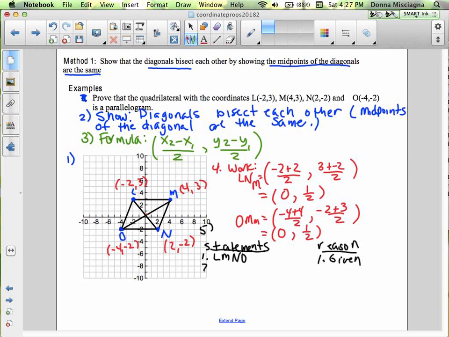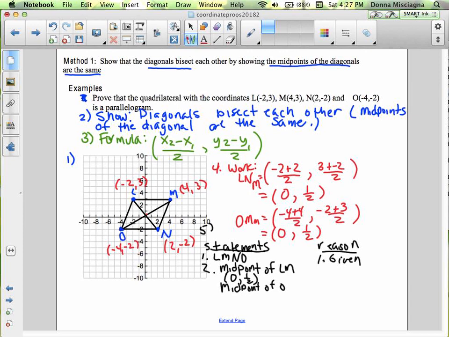We were given that. Step number 2, we found the midpoint of LM. And that was 0, 1/2. And we found the midpoint of OM.